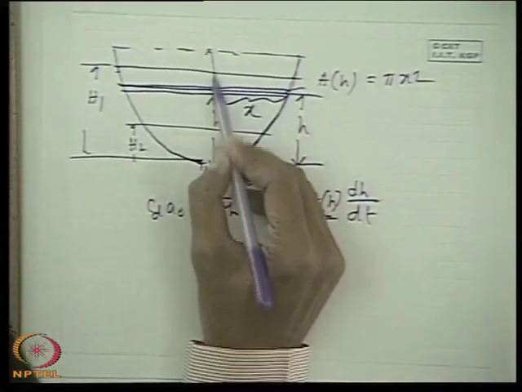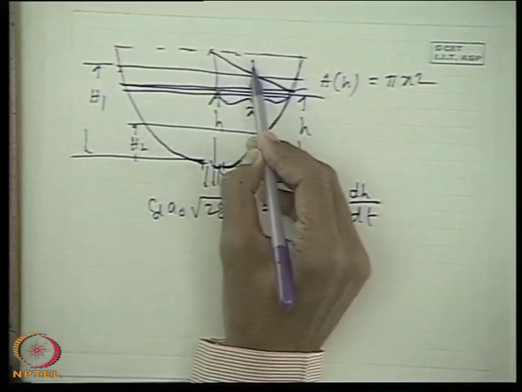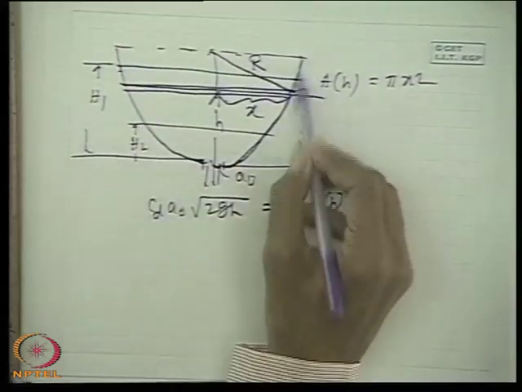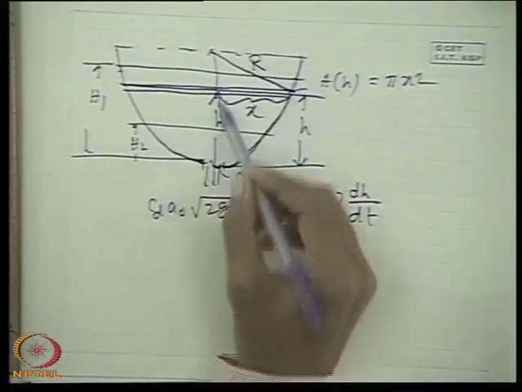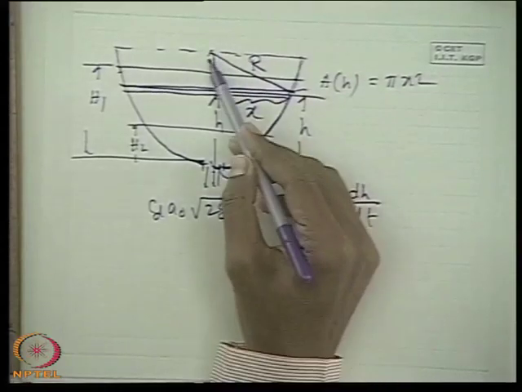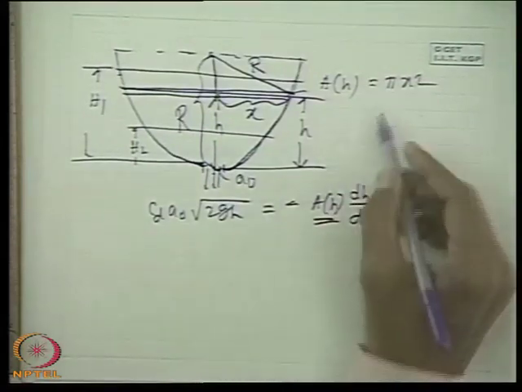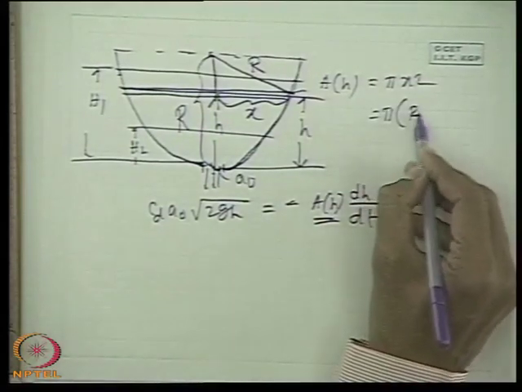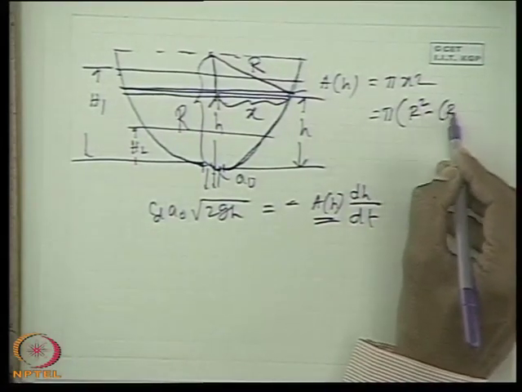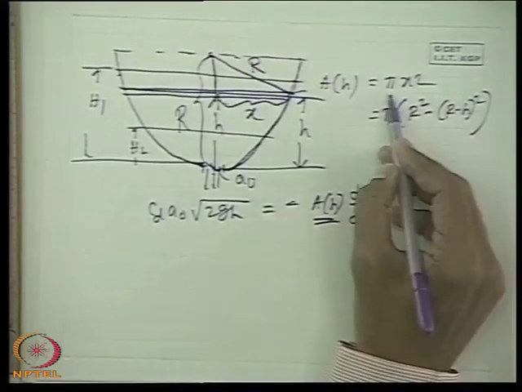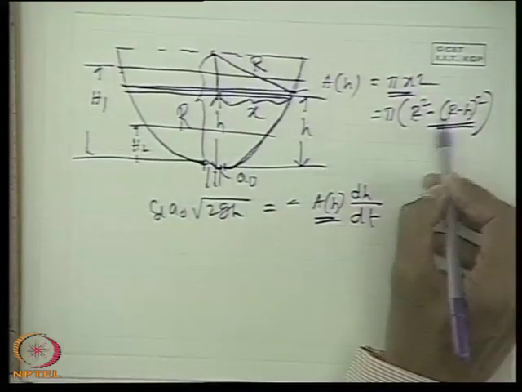And this x from the geometry, this is the radius of the hemisphere, which will be given in the geometry of the tank, and this part is r minus h. This is also r because it is a hemisphere. So x square is equal to r square minus (r minus h) whole square. So you can find out x as a function of h, r is constant.